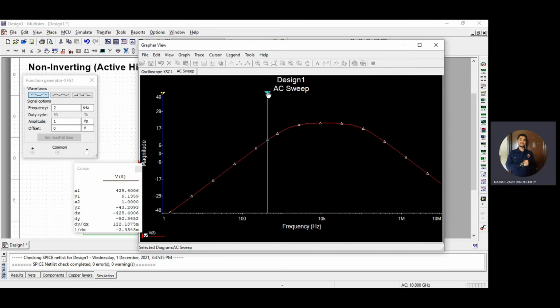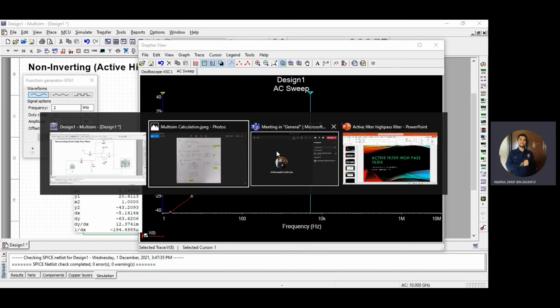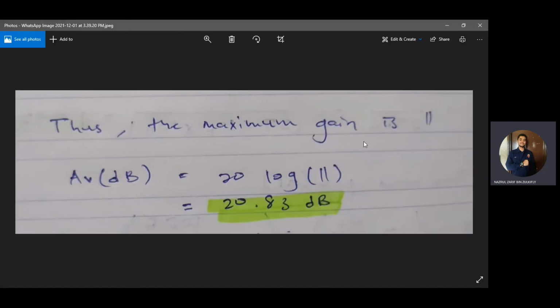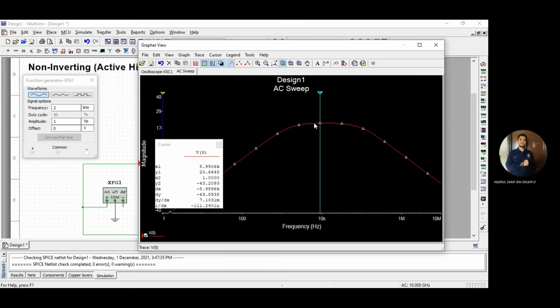First of all, we will find the magnitude in decibel when the pass band gain is at 11. Since the maximum gain is 11, we calculate the value in decibel, which is 20 log 10 of 11, equal to 20.83 decibel.